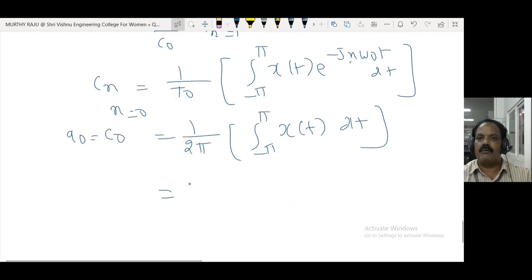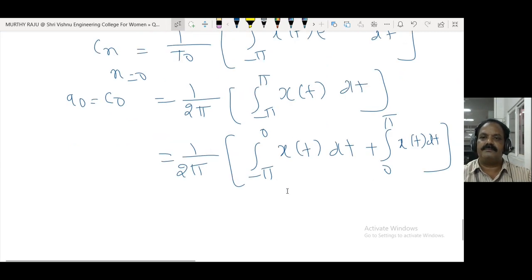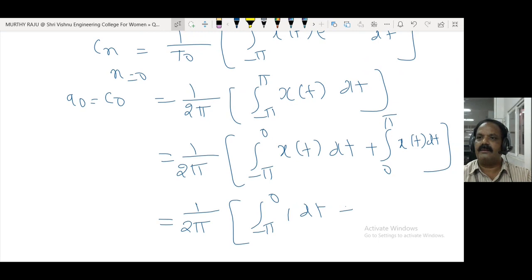That is 1 by 2 pi, integral from minus pi to 0 of x of t dt plus integral from 0 to pi of x of t dt. From minus pi to 0 the value is 1, and from 0 to pi the value is minus 1.